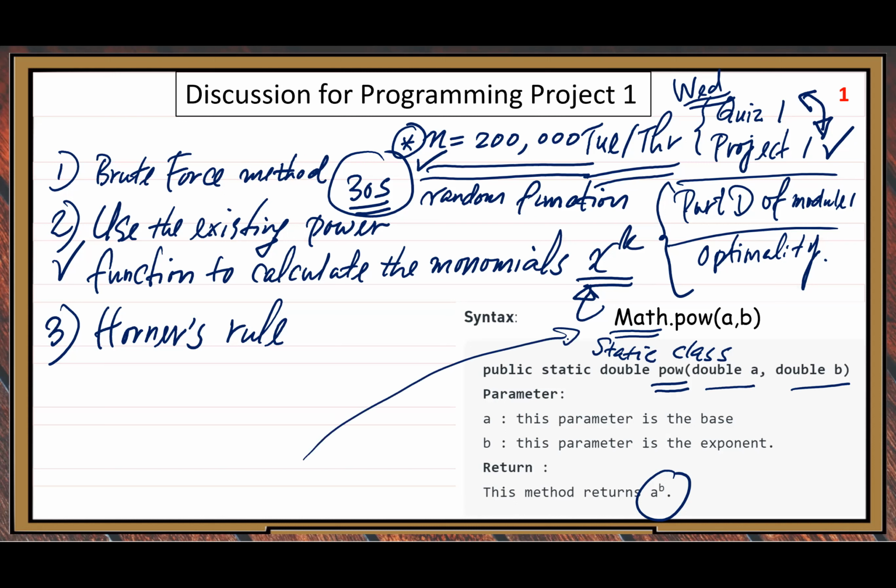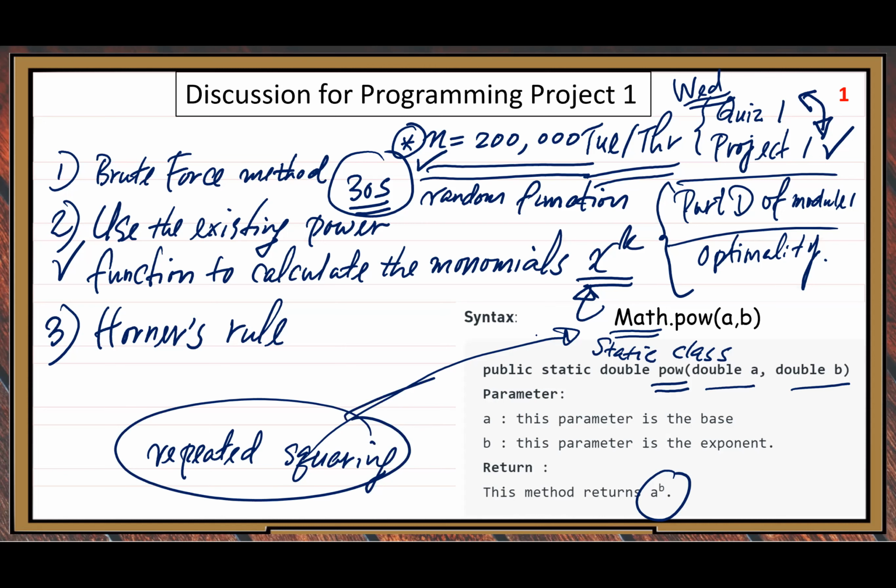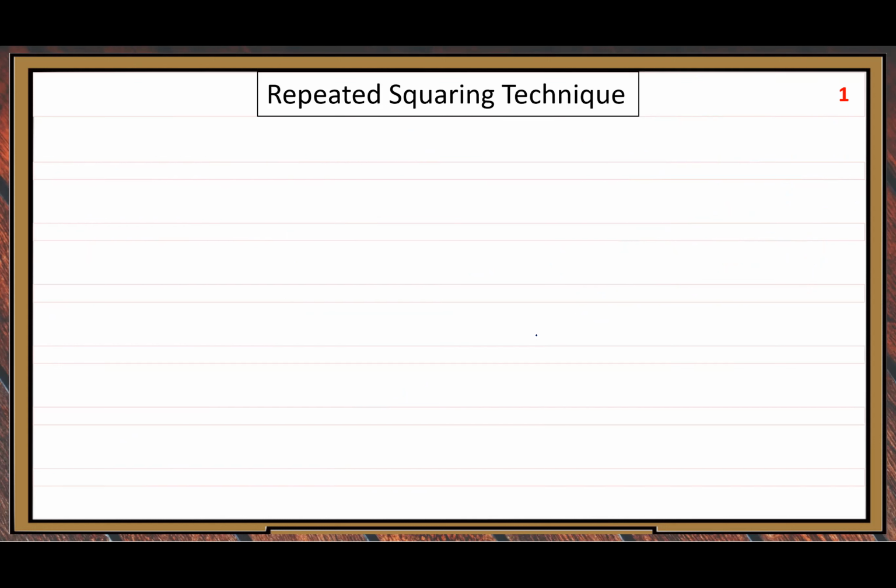Because it uses the repeated squaring technique. That's the reason behind it, the internal implementation. Let me talk about the main idea of this technique.